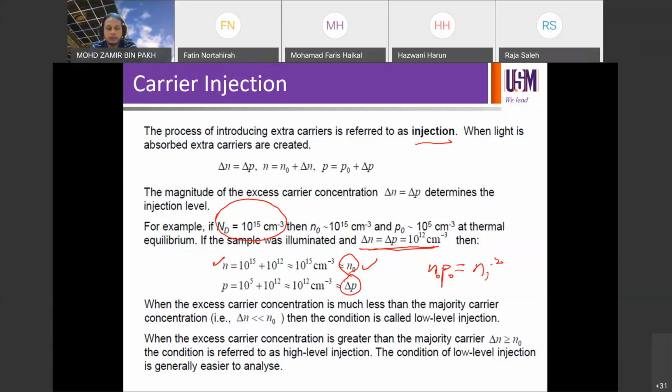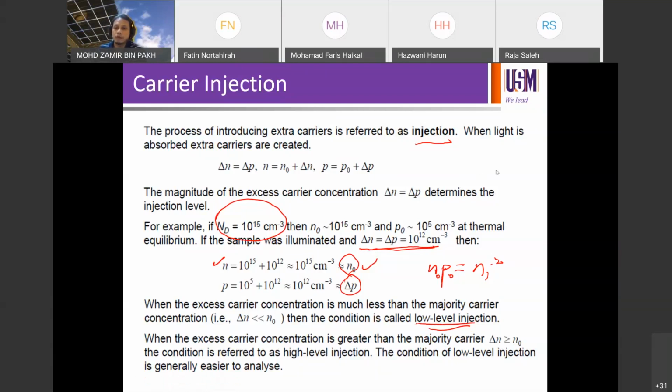This condition is called low level injection, because what you introduce into the system doesn't affect the doping concentration or the density of majority carriers.